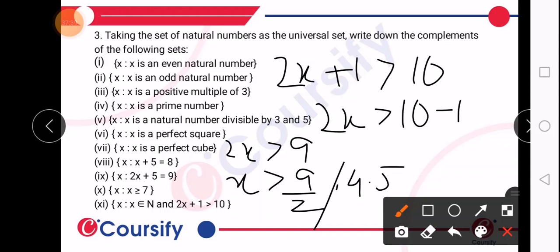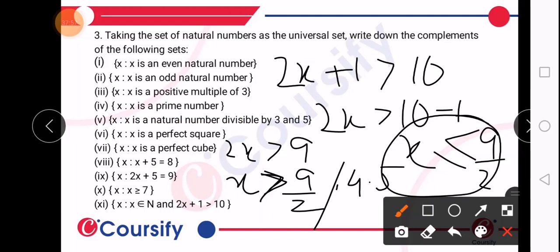Now this is the given set in question number 11. The complement of such a set would be any number that is less than or equal to 9 by 2.